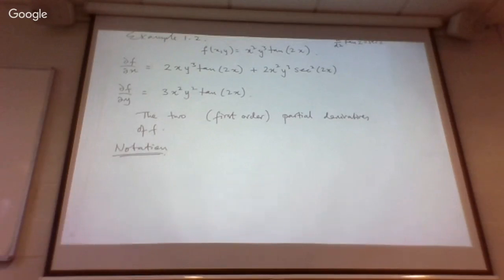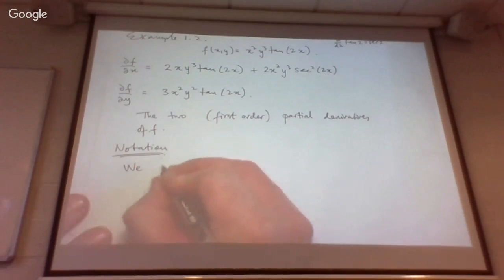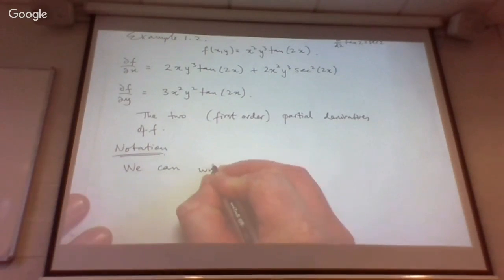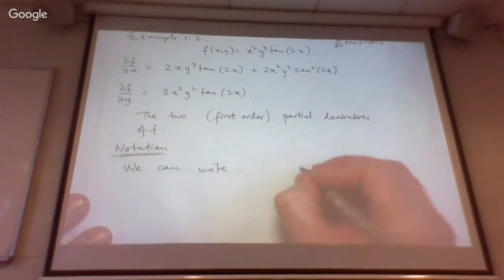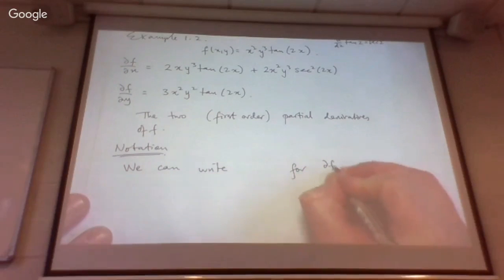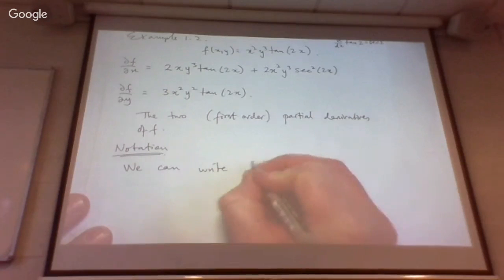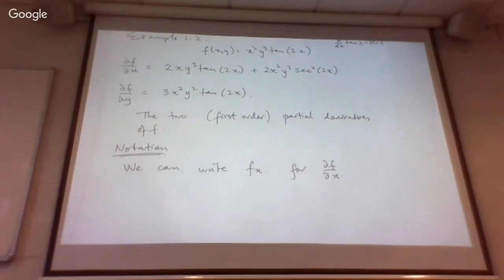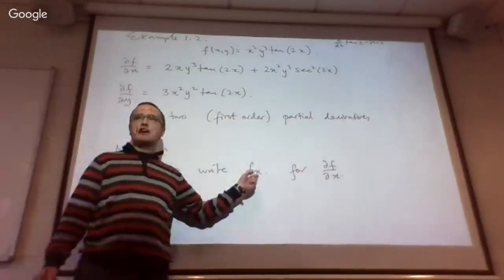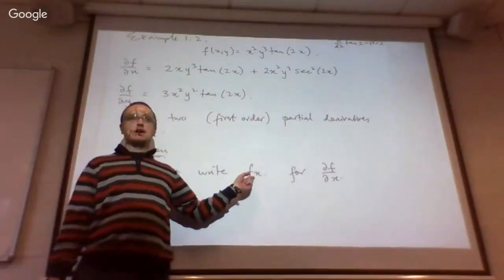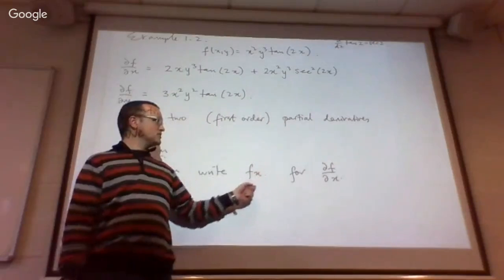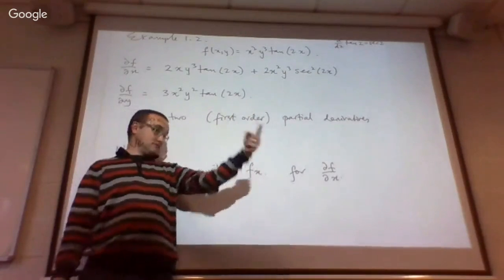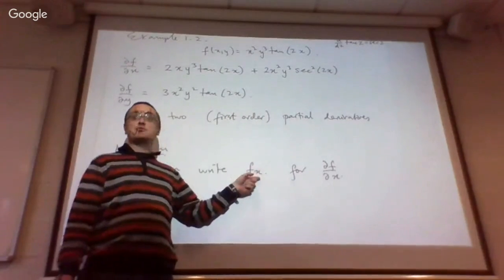Okay, so instead of writing df/dx, there is an alternative notation that's used in some books. We can just have the name of the function with the subscript of the variable that we're talking about. So this is representing here the derivative of the function f with respect to x.